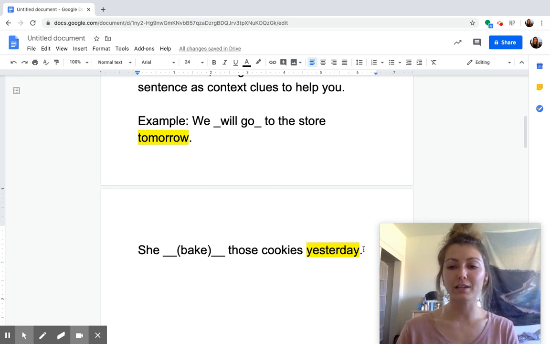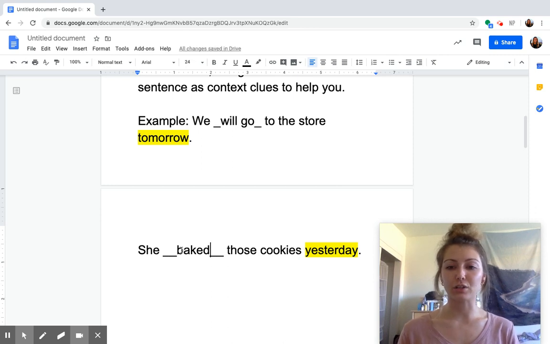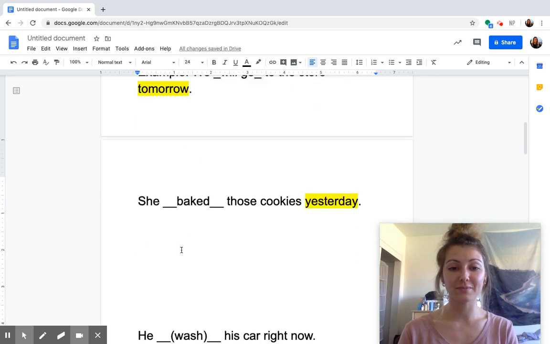That means we need to put this verb in past tense. So let's think about our rules from yesterday. If the verb is bake, we know for past tense we have an ed ending. So we add a D. She baked those cookies yesterday. In your composition book, make sure you have this sentence with the verb baked in past tense. When you're ready, we'll move on to the next one.